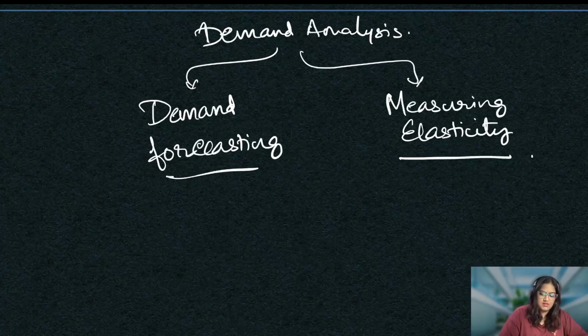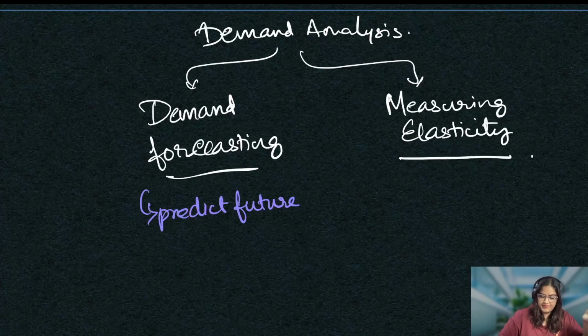Now, what is demand forecasting? Demand forecasting is using historical data, that is quantitative data, and expert opinion, or the qualitative data, to predict the future sales.